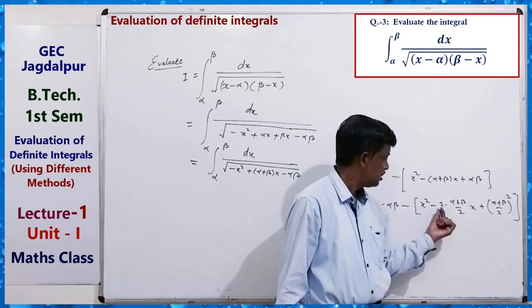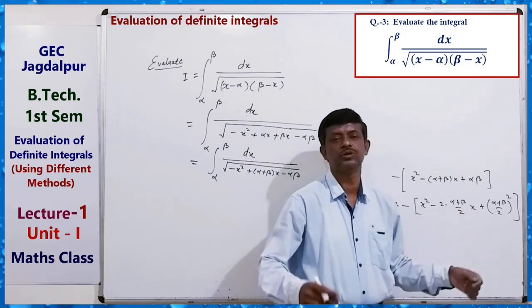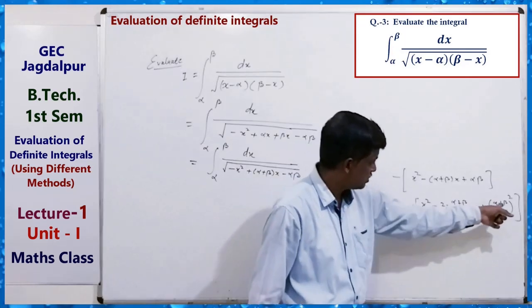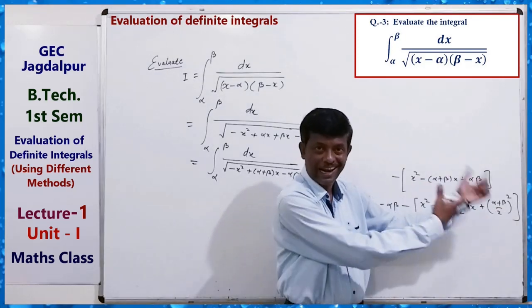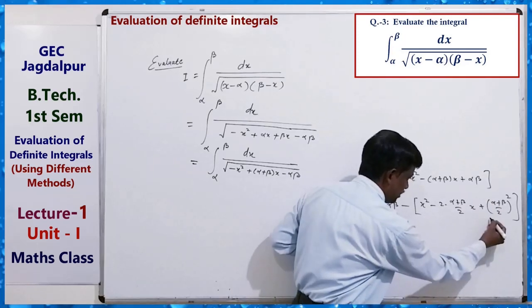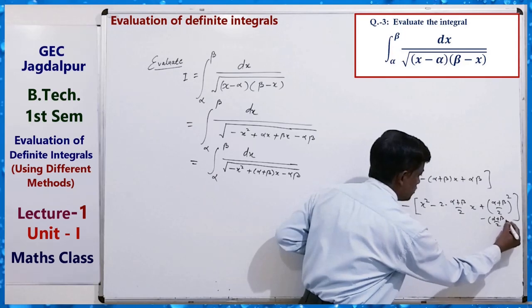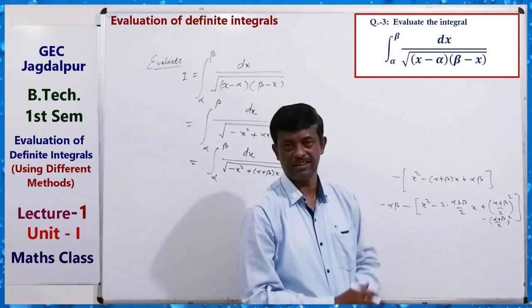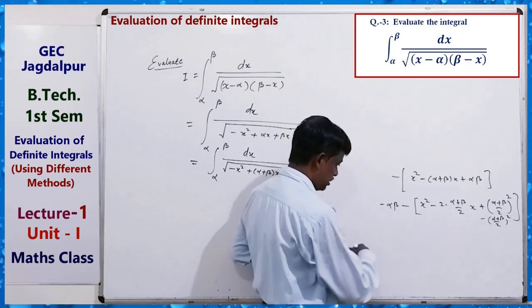Minus 2x, this is b. This is a square minus 2ab plus b square. So b is this, which is adding here and also subtracting. Alpha plus beta by 2 square, just we can adjust like this. Now this minus plus, you can take it outside.